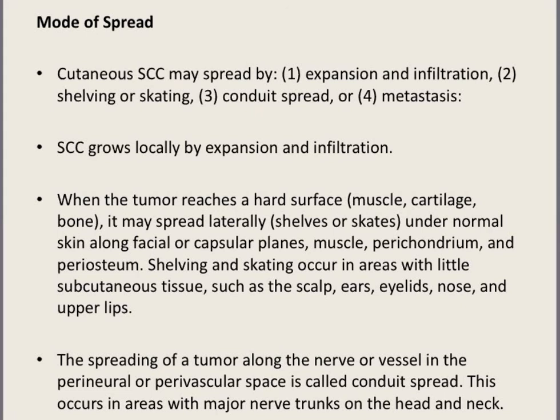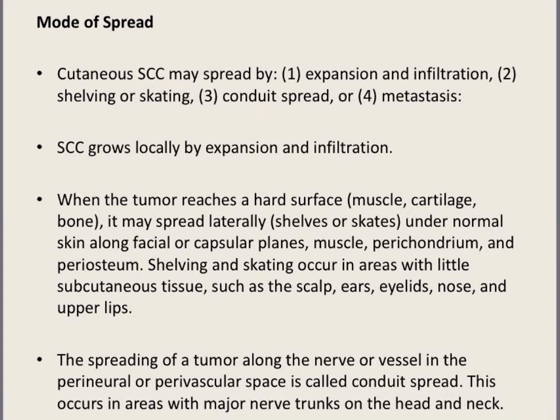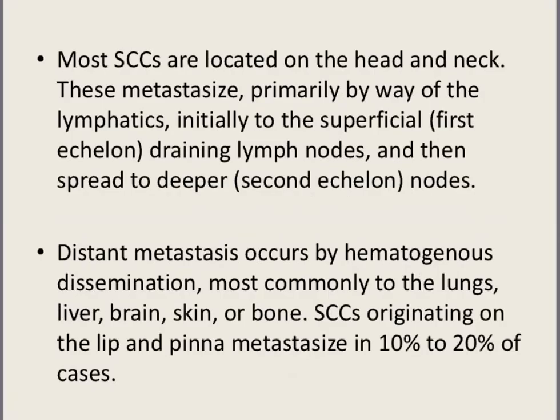Okay. The third mechanism is conduit spread along the long axis of nerves and blood vessels. Conduit spread. The fourth mechanism, of course, is metastasis, which is lymphatic and blood-borne. If by blood, where does it go? Mostly lungs, liver, brain, bone, and skin again.